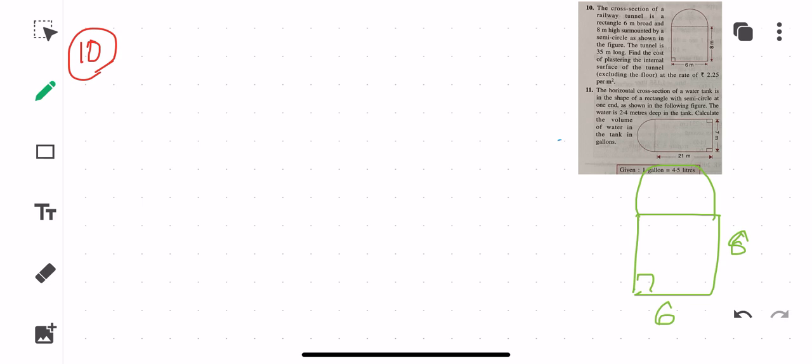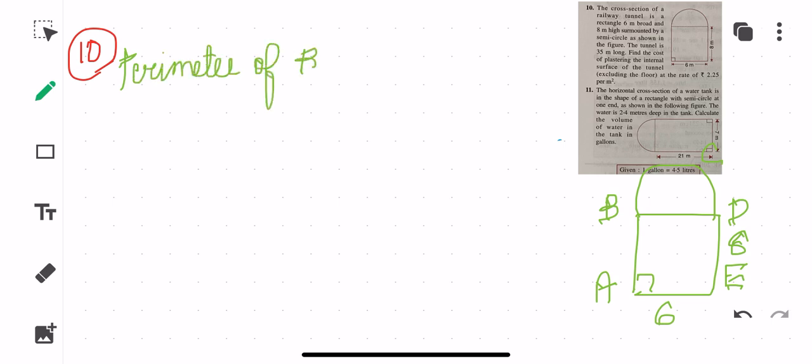Before that, they haven't given the names, children, so I'll write this as A, B, suppose this is my C, D and E. I'll be finding out the perimeter of BCD. So I'll write perimeter of BCD will be equal to how much, children?